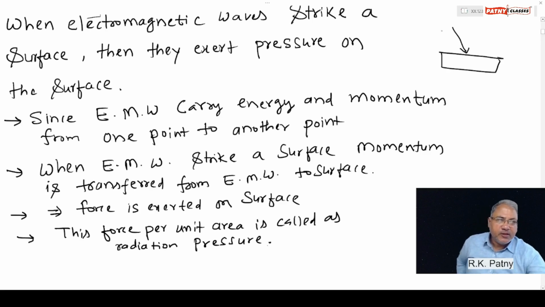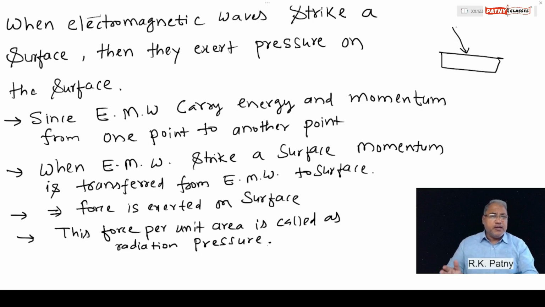Actually, when electromagnetic waves travel from one point to another, they carry energy and they carry momentum. So as soon as they strike the surface, the momentum of the electromagnetic wave is transferred to the surface.